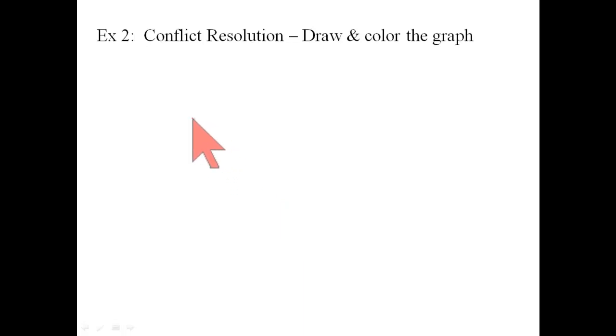And so here would be one possibility. If I put history here, and math here, and Italian here, and English here, then down here chemistry, philosophy, French, and then Spanish can go anywhere.